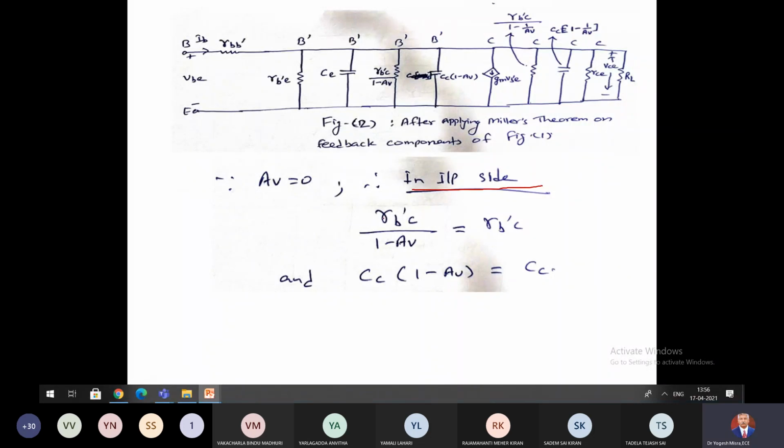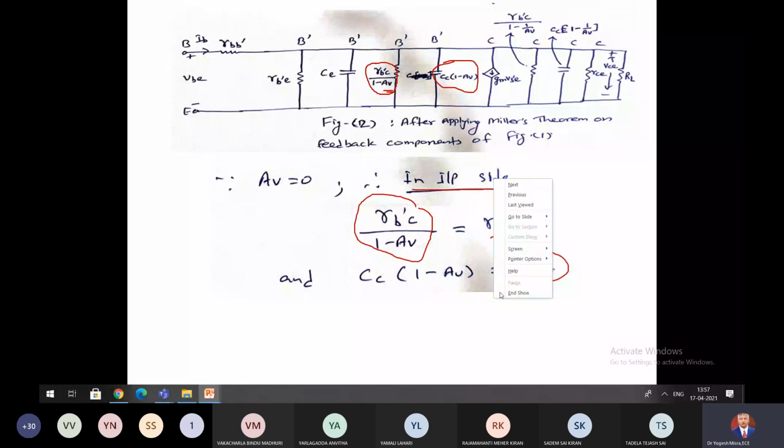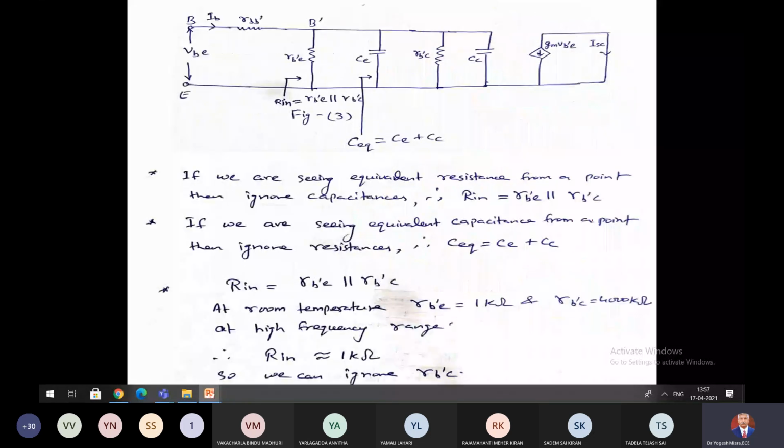In the input side, this resistance, since AB is 0, can be written as RB dash C. And this capacitance, since AB is 0, can also be written as CC, right? So now we will get a new figure.